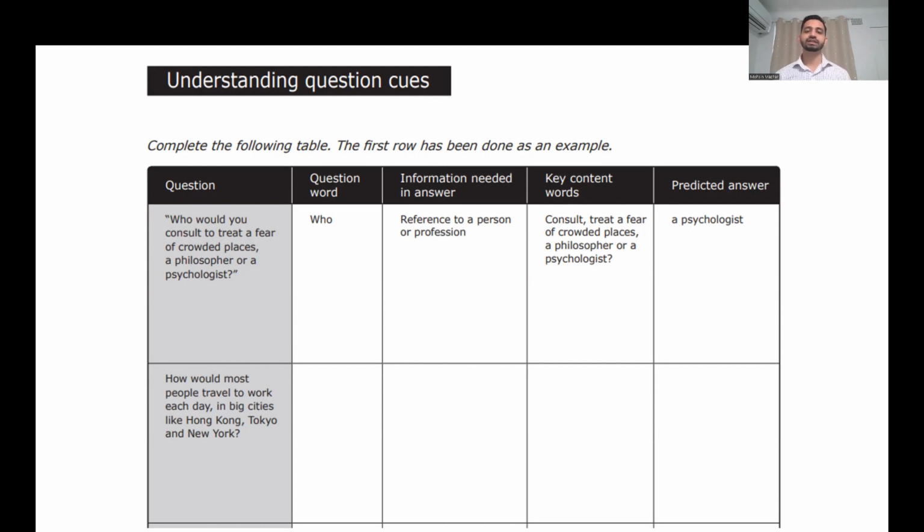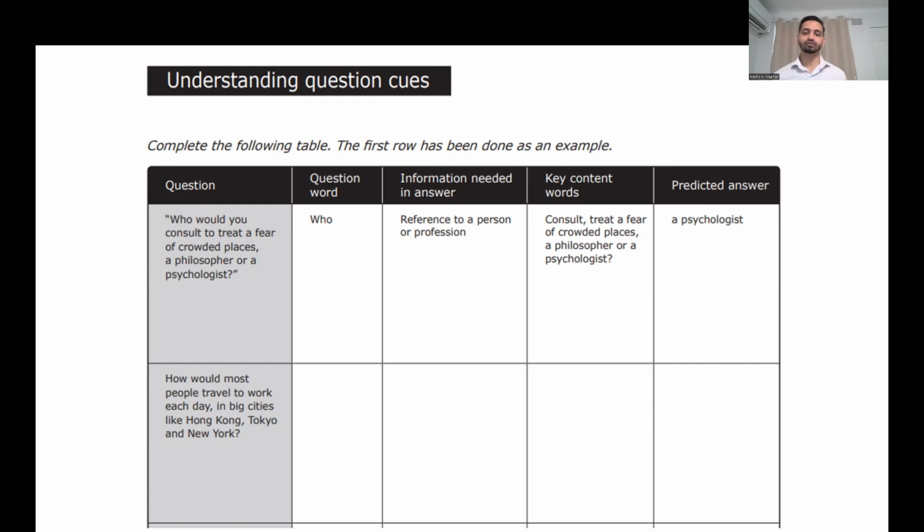The information needed in this answer is a reference to a person or a profession. You've got keywords: consult, treat, a fear of crowded places, a philosopher or a psychologist, right? It gives you two options. The information needed is either a profession or a person, and who is the question word. Whenever you look at who, you're looking for the name of a person or the name of a profession, right?